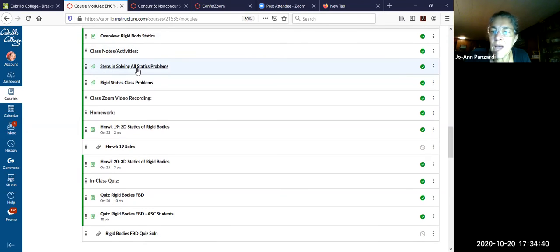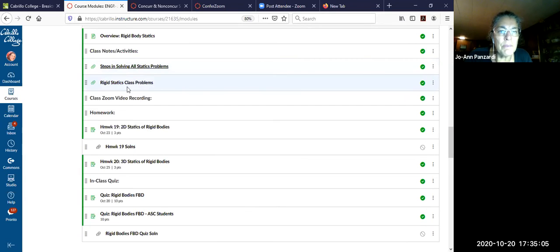I took the steps that we had before in solving particle problems, and I made it more complete. So these are the only steps you need now. You don't need the old steps anymore, because these steps include whether you're drawing a free body diagram for a particle or a rigid beam, a rigid structure.